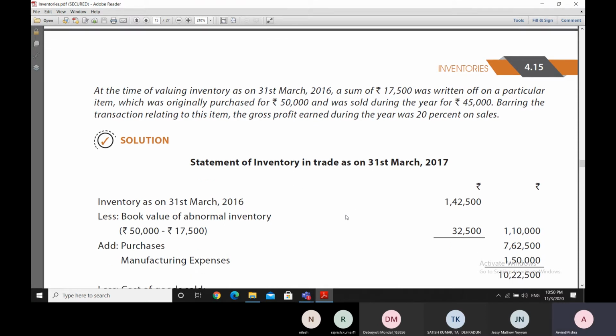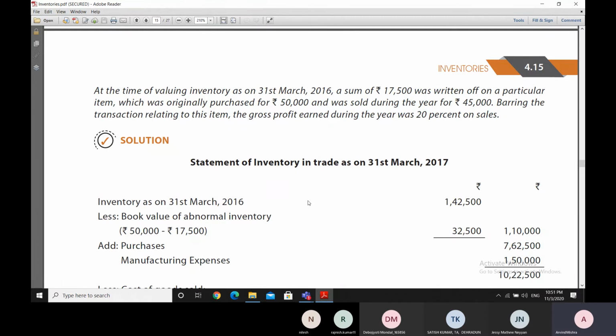So we are reducing the value of 32,500 from this 1,42,500 here, because this amount is equal to 50,000 minus 17,500.